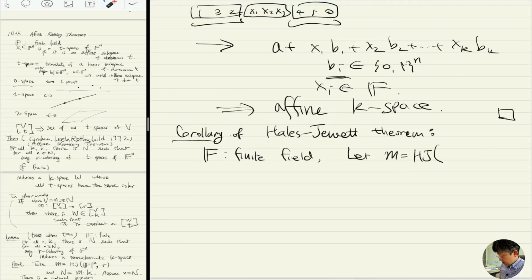So F is finite field, and let M be the Herzog number of finite field F to the U plus 1 and C. So C is the number of colors.